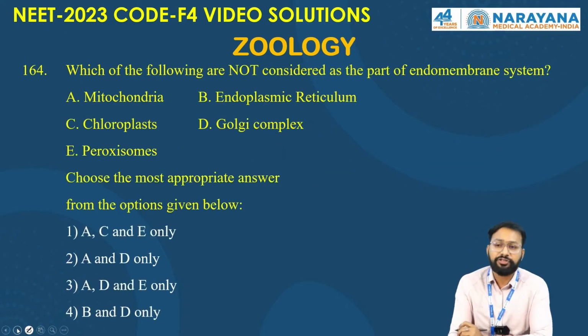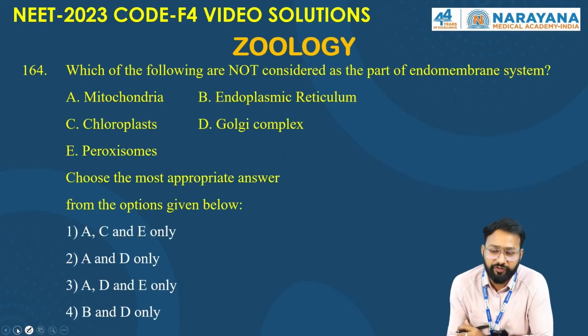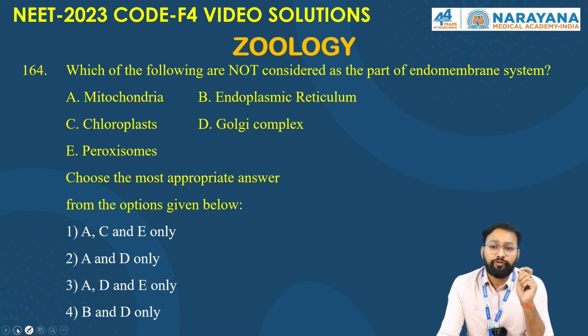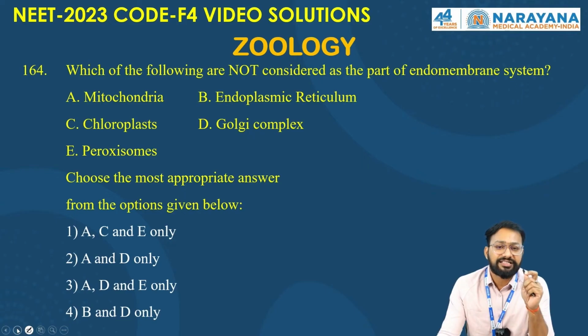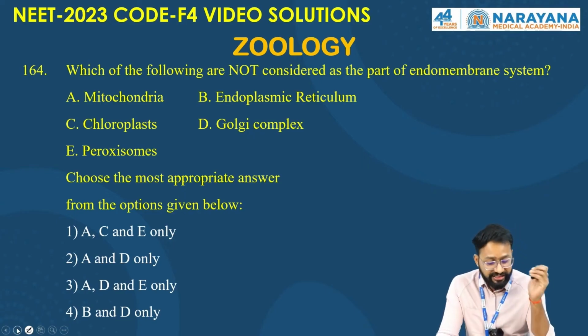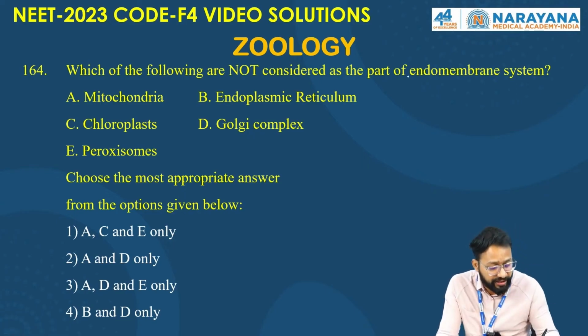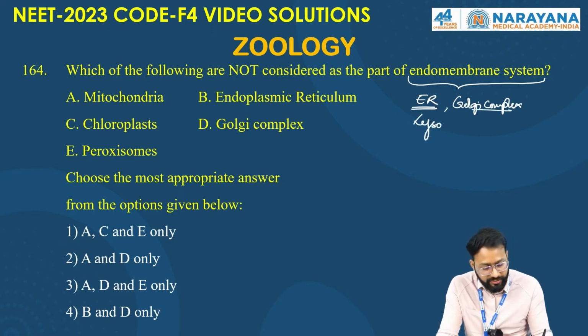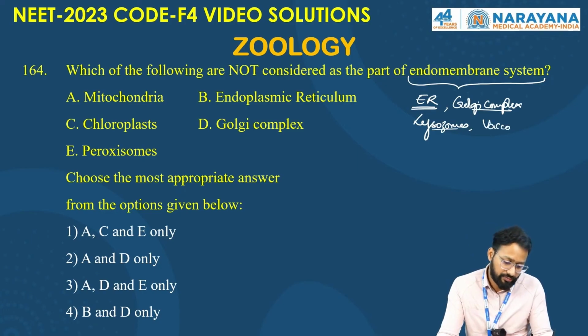Okay. Moving further to the next question, question number 164. It is related to cell biology. Which of the following are not considered as a part of the endomembrane system? First, let us see what the parts of the endomembrane system are. It consists of endoplasmic reticulum, Golgi complex, lysosomes, as well as vacuoles.